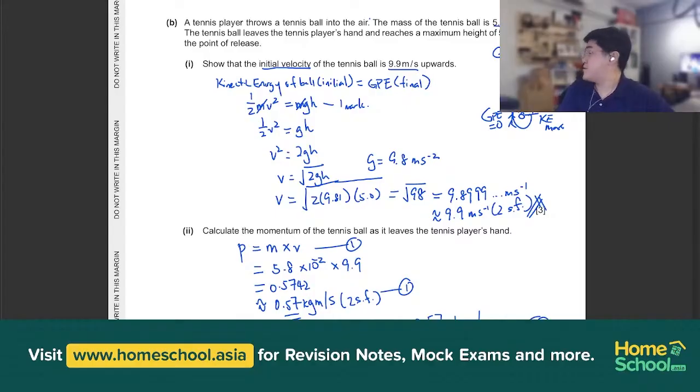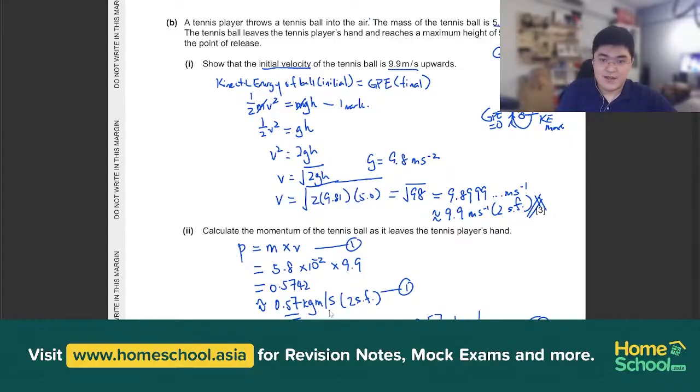All right. So just to give you guys a heads up, although the question does not specifically ask for direction, it is always good practice to assign a direction to any vector quantity. So for example, the velocity here is moving upwards, so the momentum should have an upwards direction.